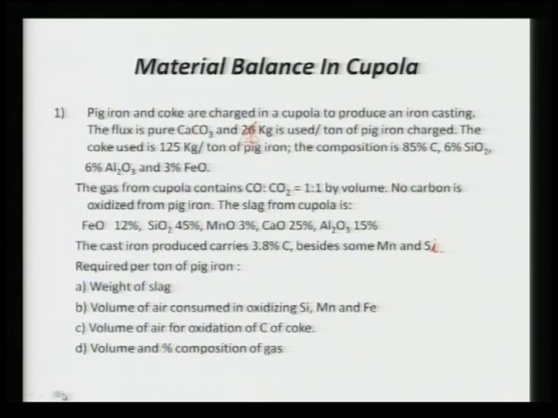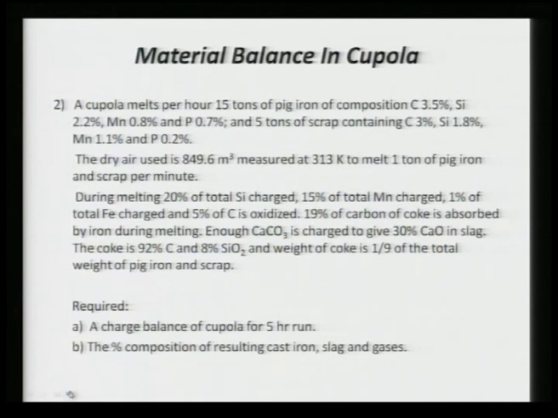Now, here is the second problem. A cupola melts per hour 15 tons of pig iron of composition carbon 3.5%, silicon 2.2%, manganese and phosphorus, the composition is given, and 5 tons of scrap, whose composition is given. Note, as I said, the burden is pig iron plus coke plus scrap and calcium carbonate.